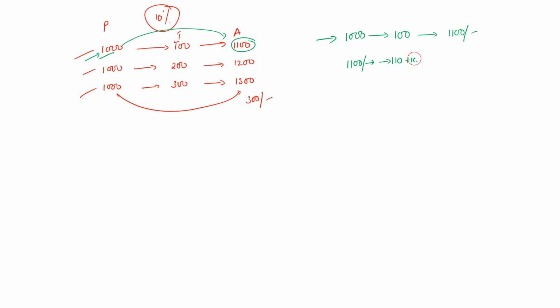And the previous interest was 100. So the total interest will become 210. That means the amount due at the end of two years will be the principal 1,000 plus 210 as interest. That gives you 1,210. Now let's compare this 1,210 with 1,200. You're getting 10 rupees extra here. That was the drawback of the SI system.